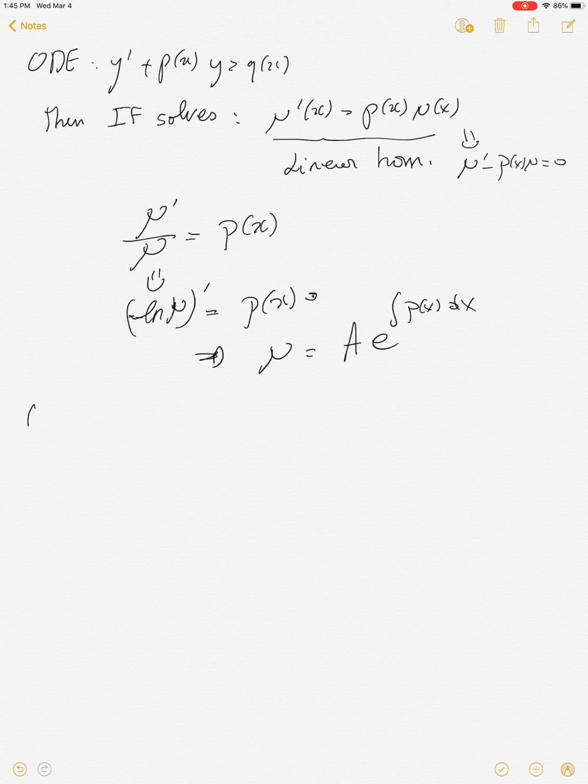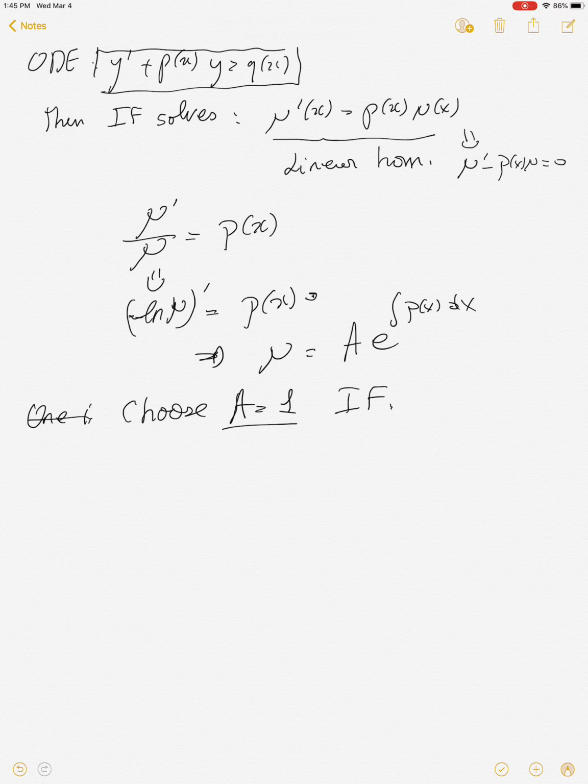Now, since I need only one integrating factor, I choose a to be 1. So the integrating factor of my original equation y prime plus p(x) y equal q(x) is mu(x) equal e to the integral of p(x) dx.